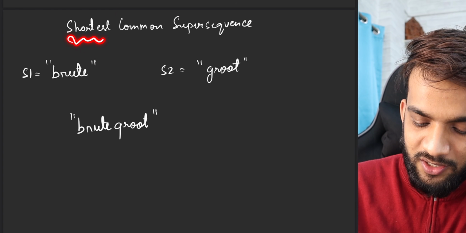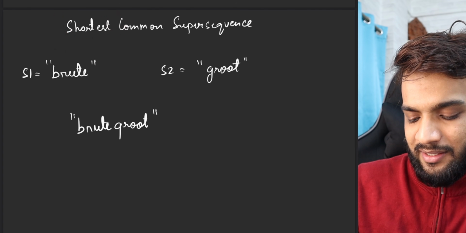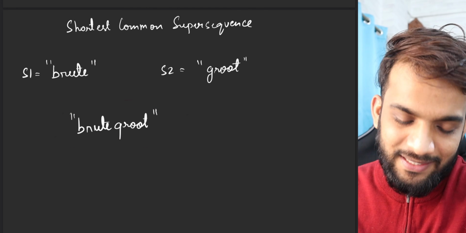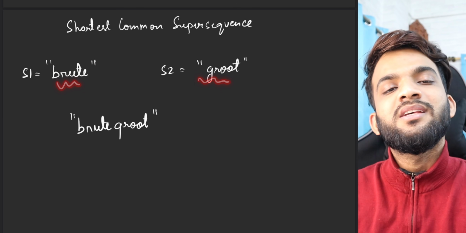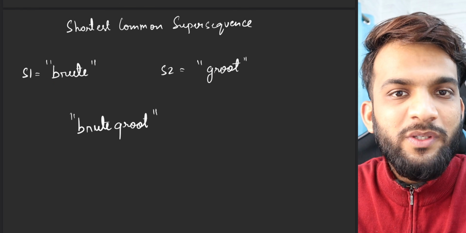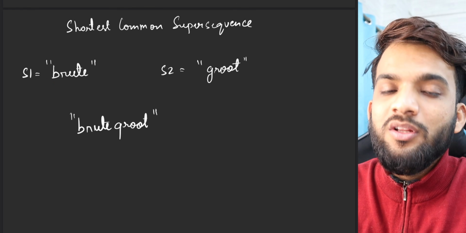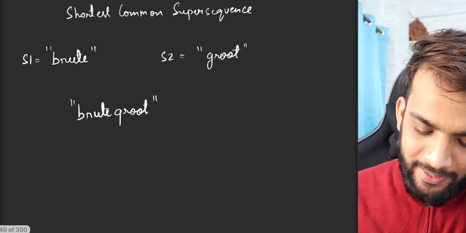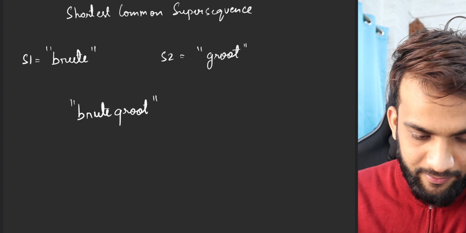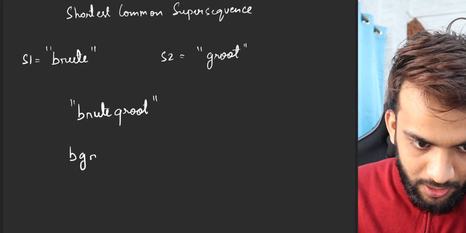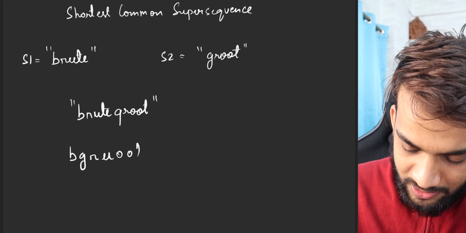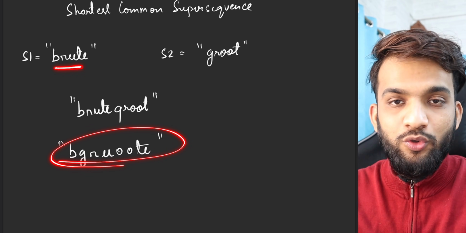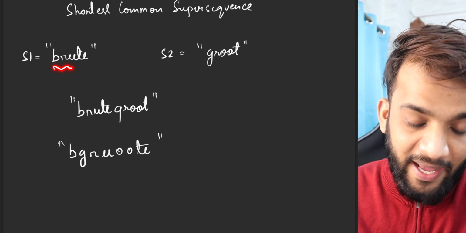But the keyword is shortest. Can I get something smaller than this? Because here you're just taking this and taking this and saying it is the super sequence. Let's see. Probably I can have something like BGRUOOTE. If I take a string like this, does it have brute? Remember, the order has to be the same.